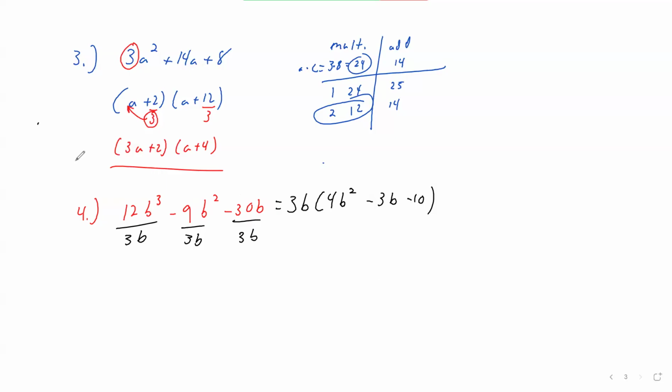Because you have to do A times C. So when you do your A times C here, that'd be 4 times negative 10, which is negative 40. And this would be negative 3.